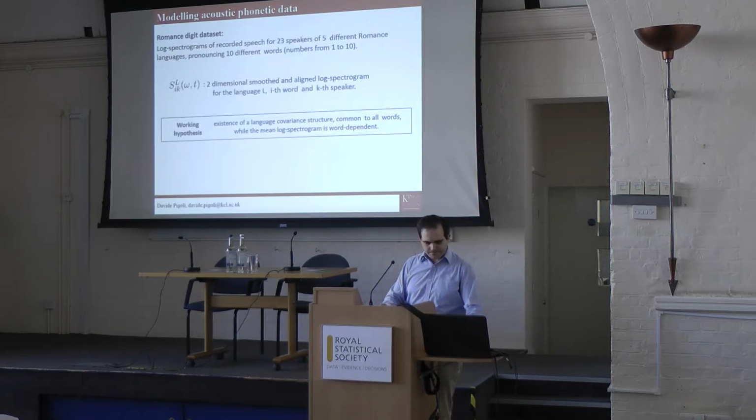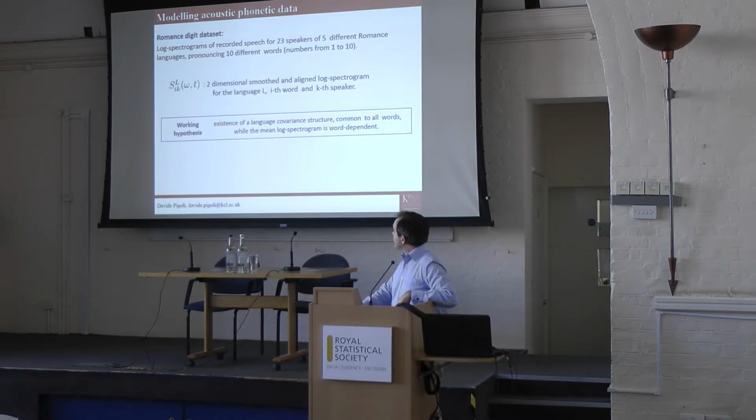Okay. Now, just to give an overview of the data set, we have 23 speakers divided in the 5 languages, and almost each of them pronounce 10 different words that are the words for the numbers from 1 to 10.